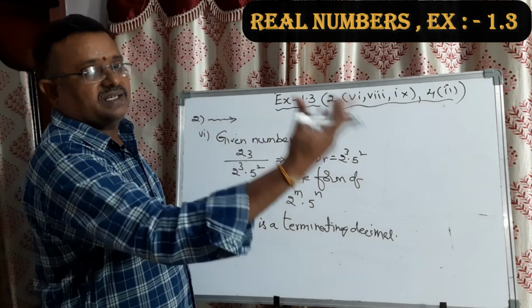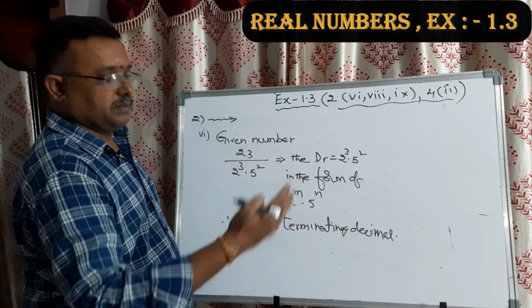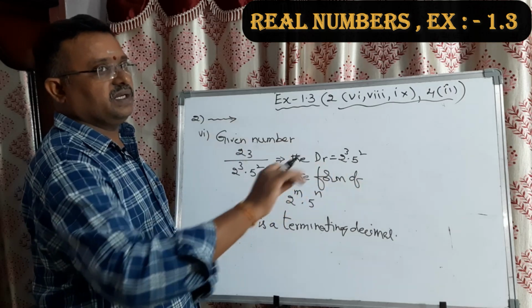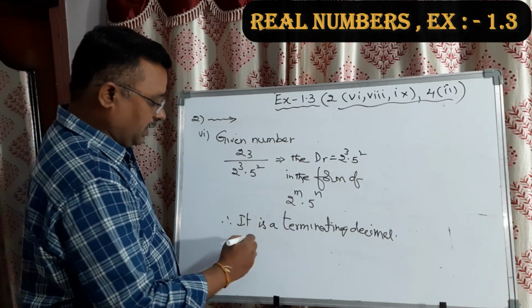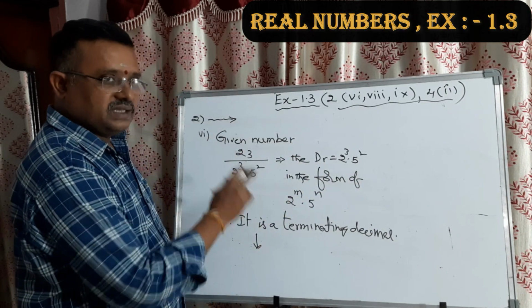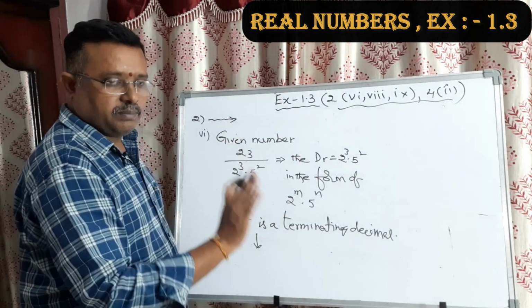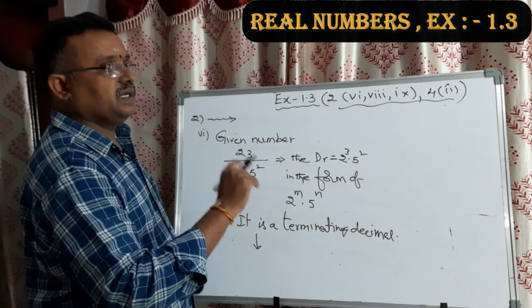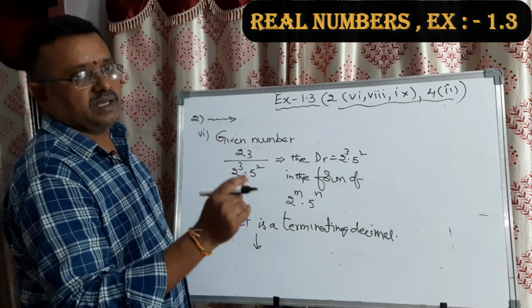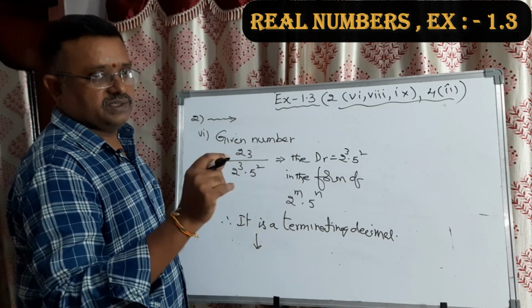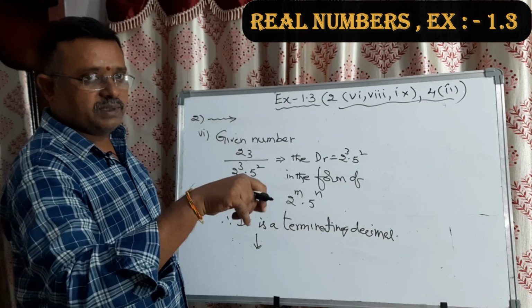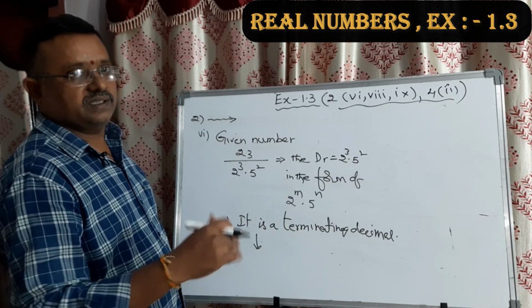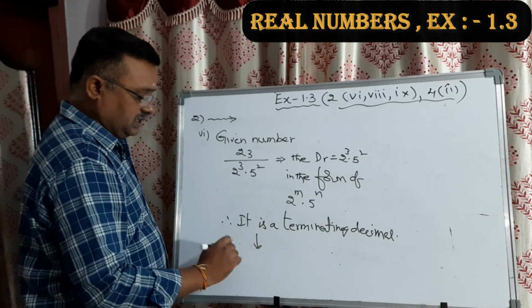Sometimes they can extend the problem for extra marks. They can also ask what that terminating decimal is. In this problem they did not ask, but sometimes they ask: is it terminating or non-terminating repeating? Justify your answer. If it is terminating, find its value. So how do we find that terminating decimal?